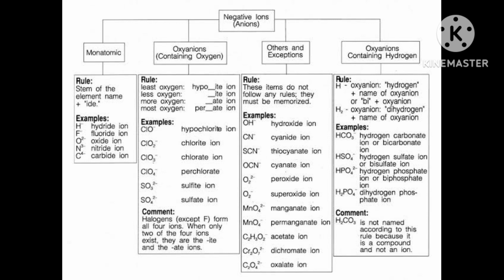Now suppose chromium, [Cr(NH3)3(H2O)3], and outside Cl3 is there. Already it is a compound, neutral. You are not talking about a complex ion.